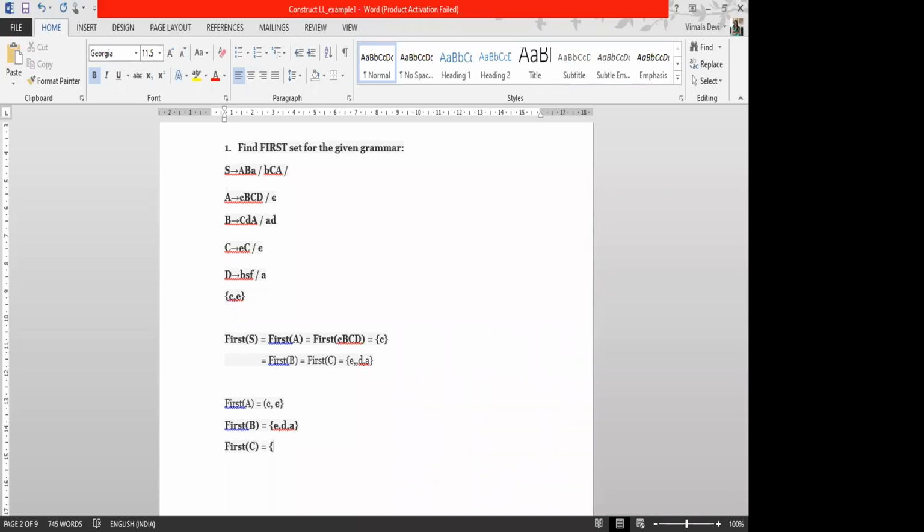C produces epsilon, so it includes epsilon. As per the first alternative, E is also present in the first set of C. What is the first set of D? First set of D, you can quickly answer. It is nothing but B as well as A.